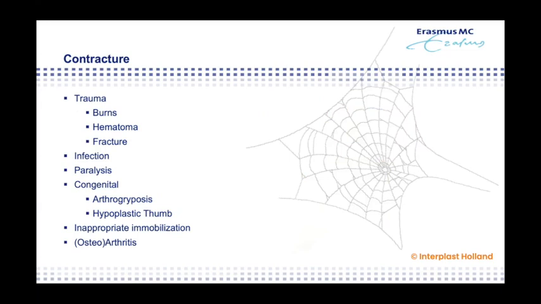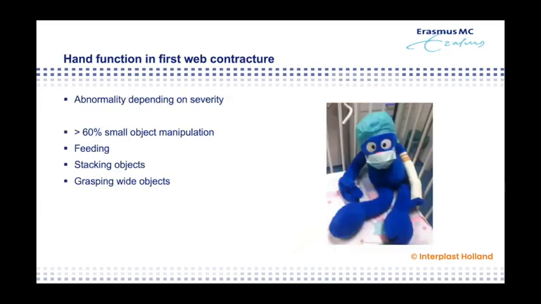These are a couple of reasons why you can have a web contracture. If you've got a web that's not sufficient, it's very difficult to have manipulation of larger and smaller objects, and you can't grasp wide objects.